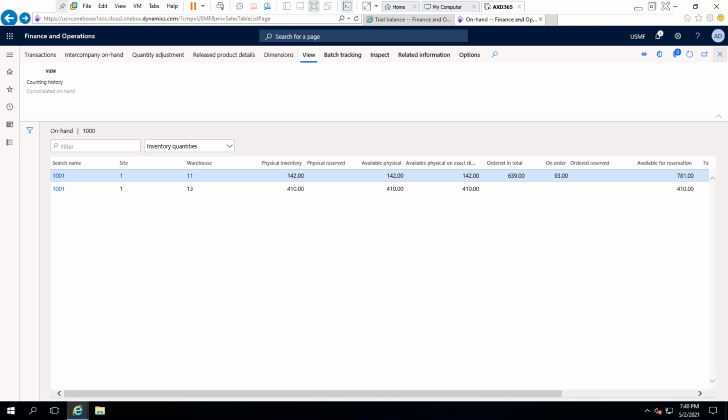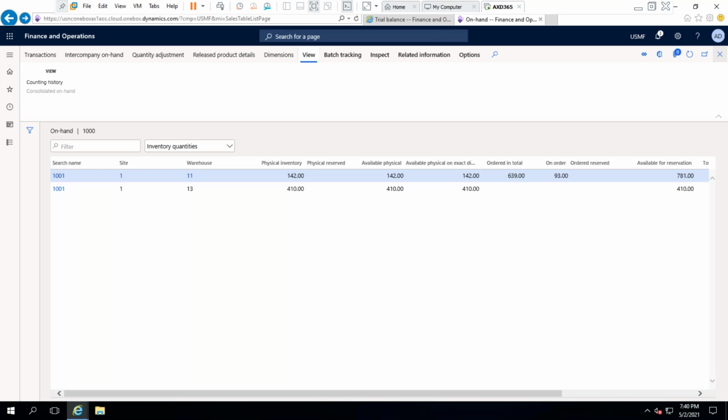That one is not showing warehouse details. It will show you the warehouse. No, if you want, you can see from here. Can you show me the details on inventory? It is showing only site details.